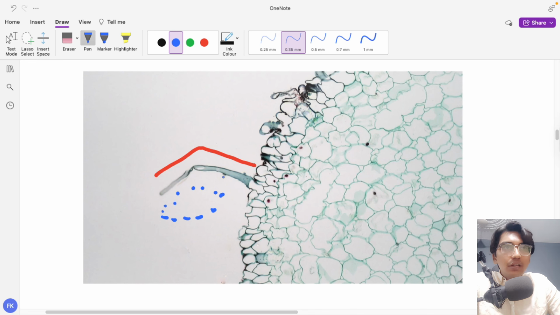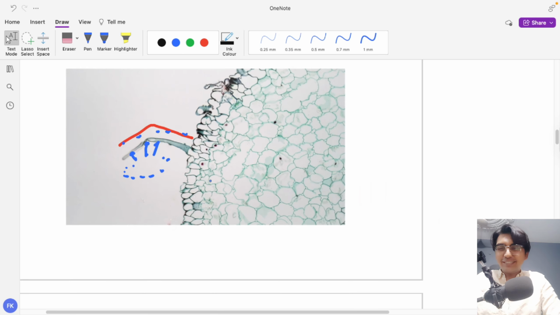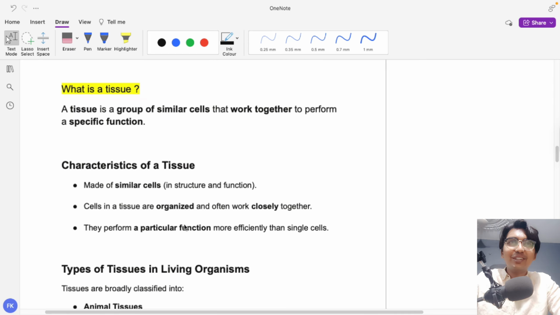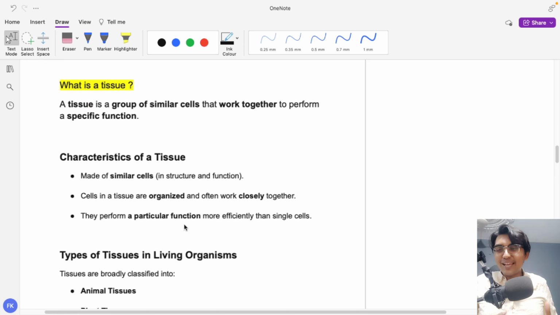Having a large surface area means water molecules can move into it. So the only function of the root hair cell is that it increases the surface area so that more water and minerals can be absorbed.